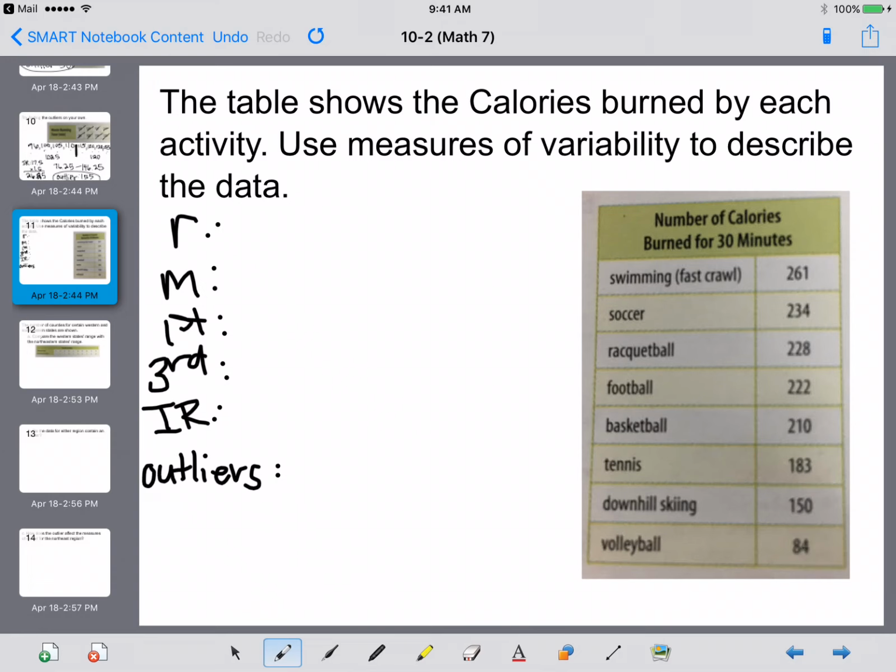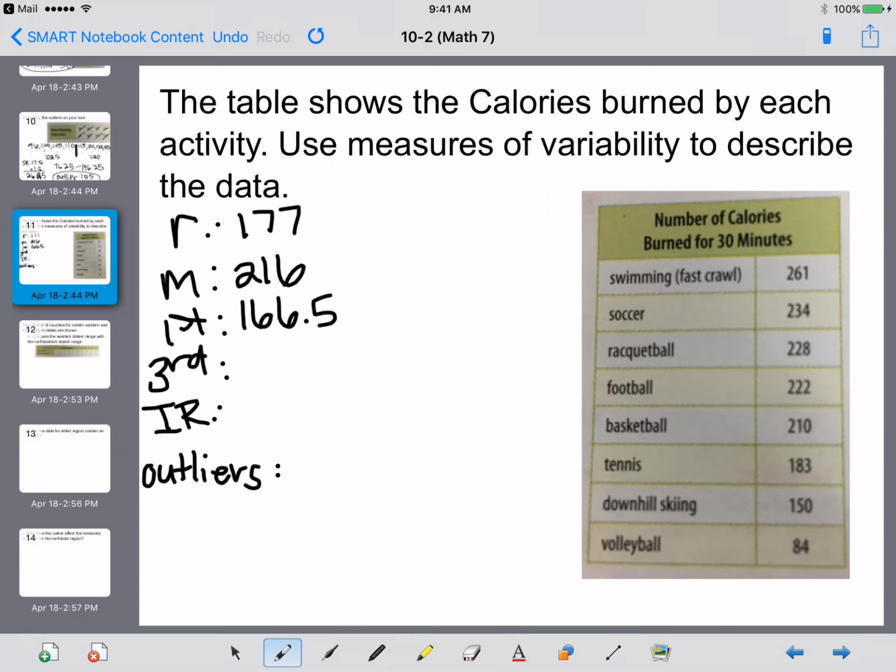So right now, I'm going to just trust that you're able to figure this out for the sake of time here in our lesson. So our range is our biggest number minus our smallest number, which gets us 177. Our median is 216. Our first quartile is 166.5.